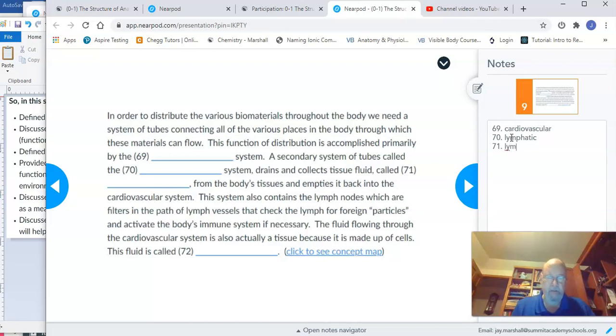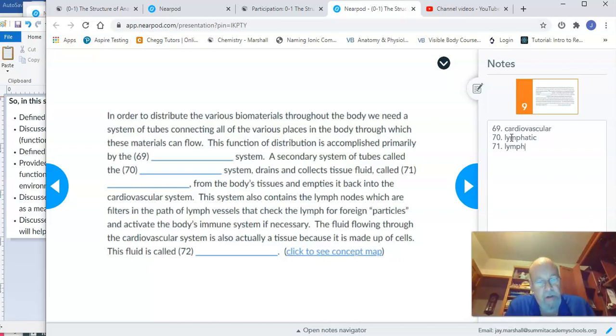It collects this tissue fluid from the body's tissues and empties it back into the cardiovascular system. But it also contains the lymph nodes in the path of this system, and it filters material in lymph vessels for foreign particles and activates the body's immune system if necessary.